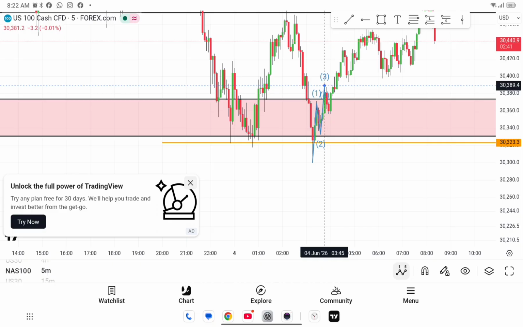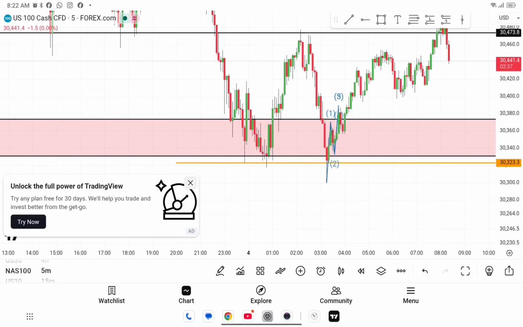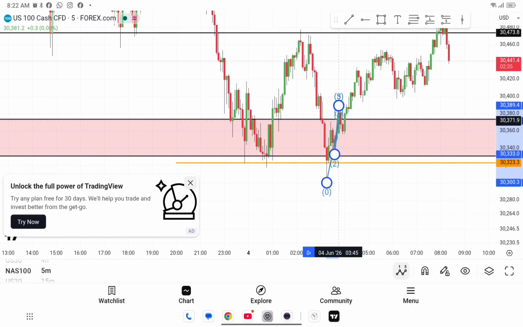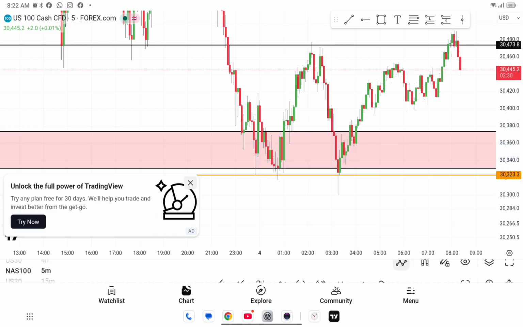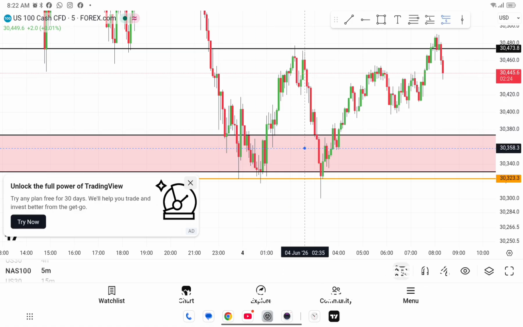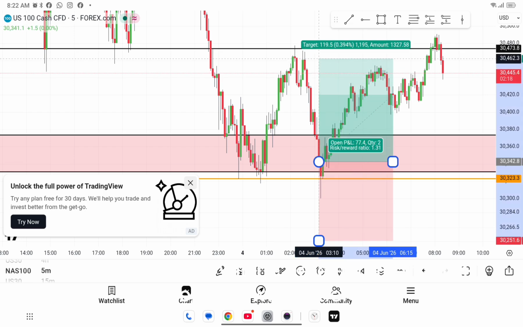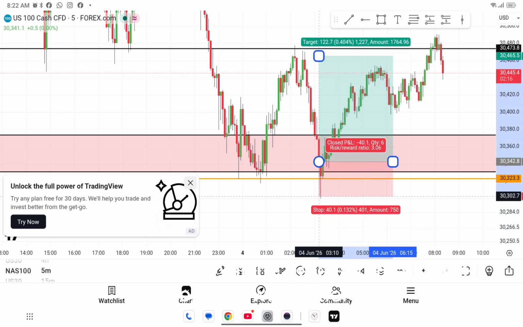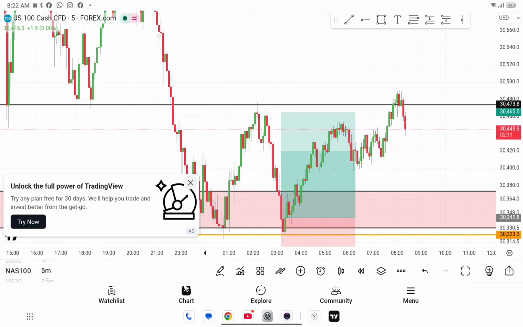You can see the way it forms. So it depends. You can use that as your entry, and then you target the high. This is just the way you enter. You enter from here, and then your TP will be here, and then your stop loss will be here. So that's it, if you are using the 1 hour.